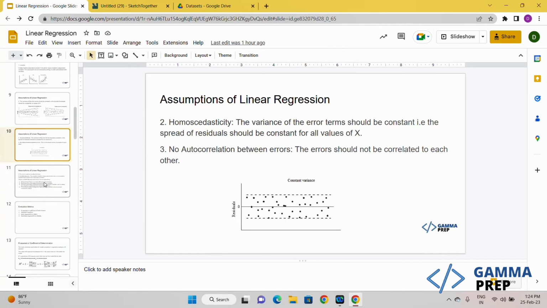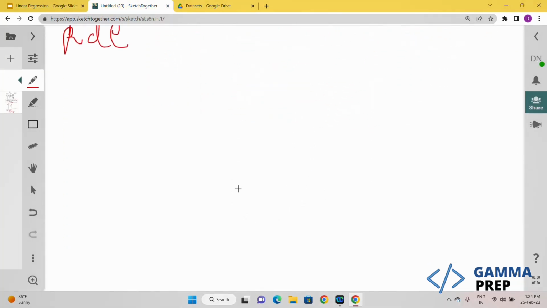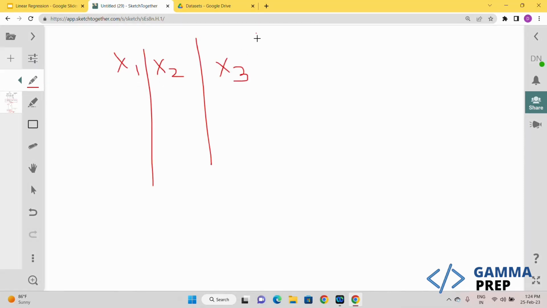Now, moving on to the last assumption, which is no multi-collinearity. First, let me explain what multi-collinearity means. What we want in linear regression is that our y should be linearly related to x1, x2, x3, and so on, right? That's the first assumption that we talked about, linearity.